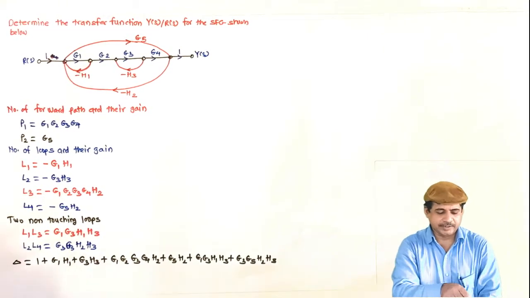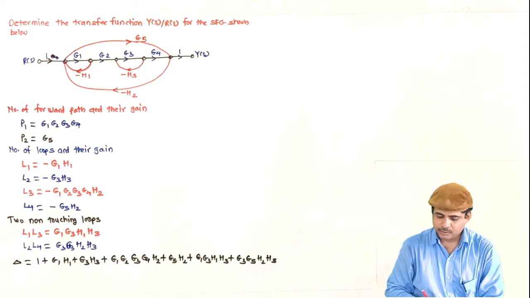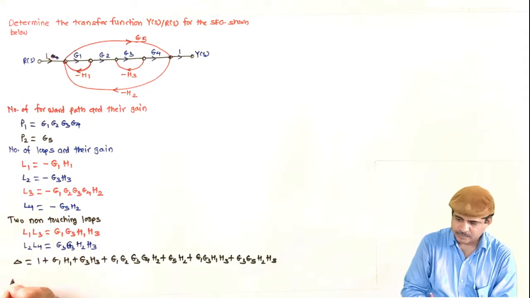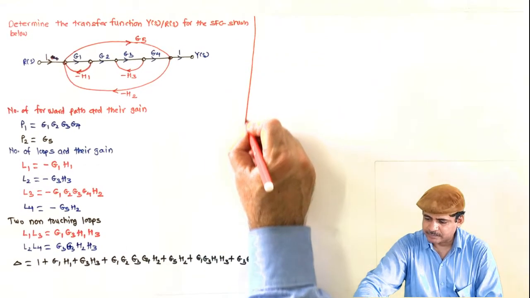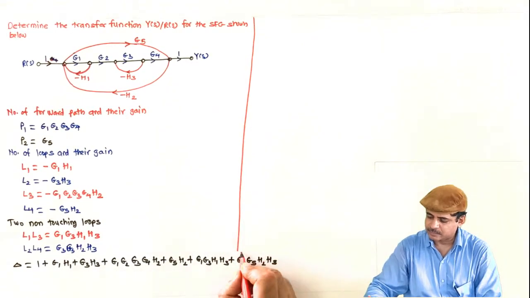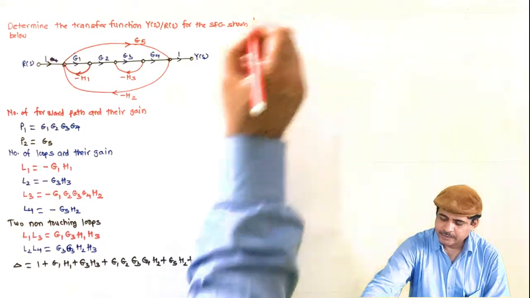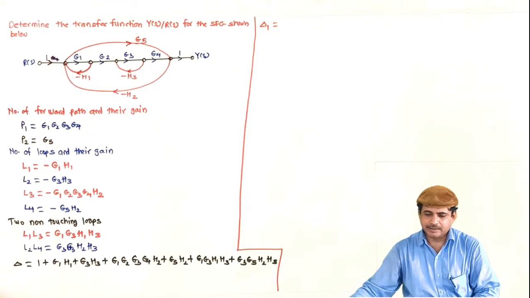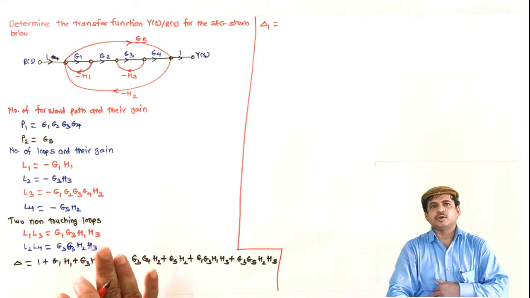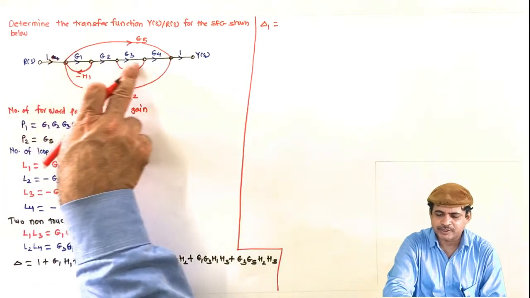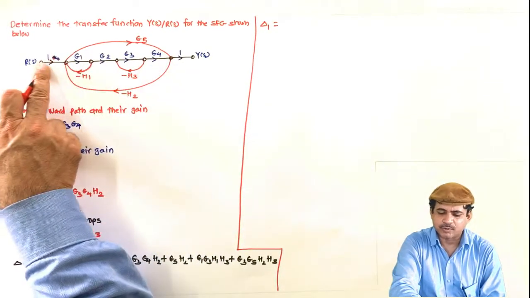Next step is obtaining delta 1. For delta 1, we have to check the possibility of loops non-touching to forward path 1, but every loop is touching this forward path 1.